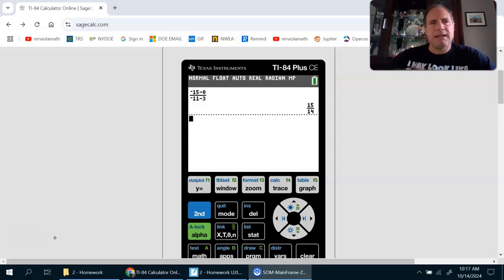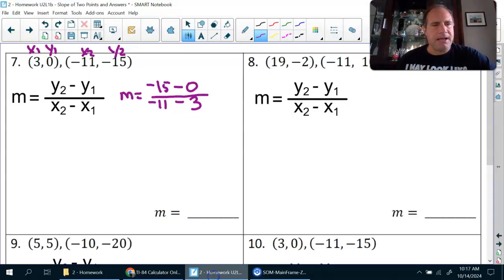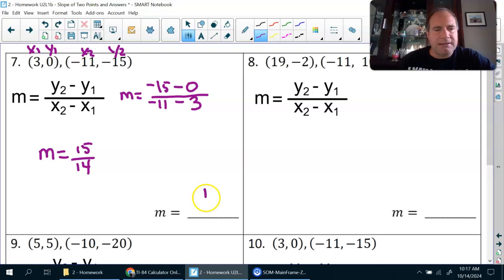And once you put that into the calculator, you get 15 over 14. That is a positive slope. So you let the calculator do the work for you, and that's about it. You don't have to change it into a decimal. Just leave it as a fraction, and that would be your answer.